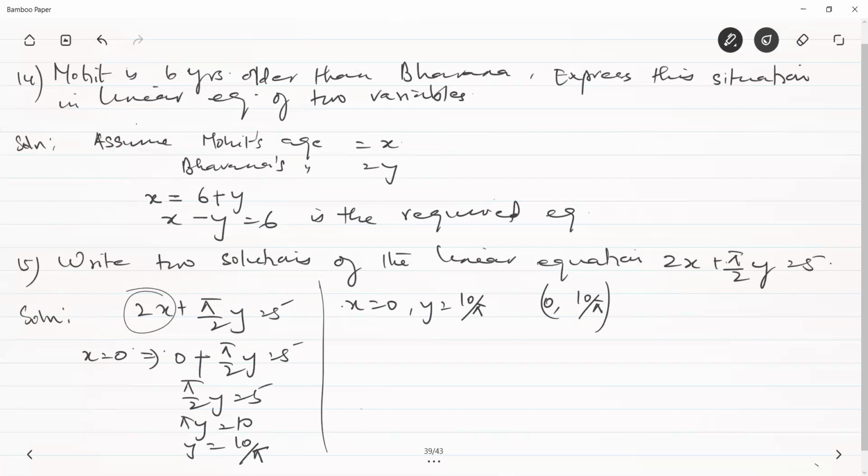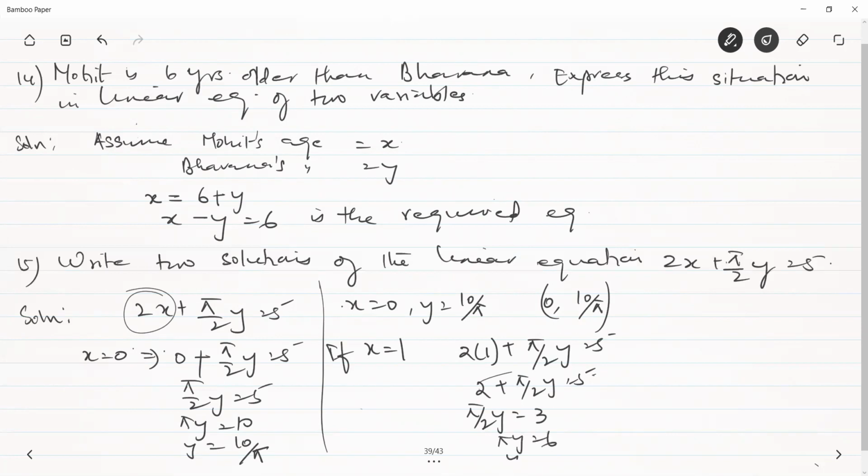Okay, another one. If x is equal to 1, what will be the equation? 2 into 1 plus pi/2 y is equal to 5. So 2 plus pi/2 y is equal to 5, and pi/2 y is equal to, if this 2 goes this side, it becomes minus, so 3, and then pi y is equal to 6, y is equal to 6/pi.